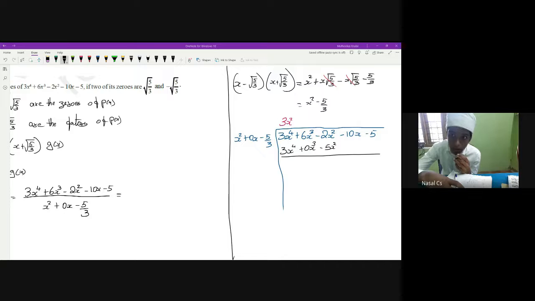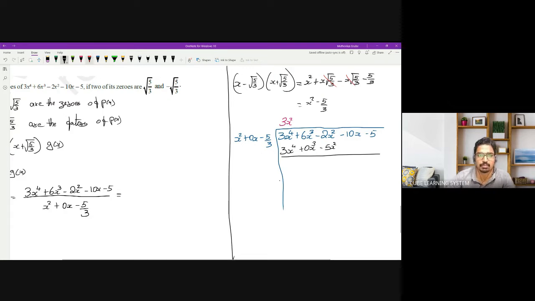Term by term multiplication: 3x square into x square becomes 3x raised to 4. 3x square into 0x becomes 0x cube. 3x square into minus 5 by 3, the 3 and 3 get cancelled, minus 5x square will be obtained.